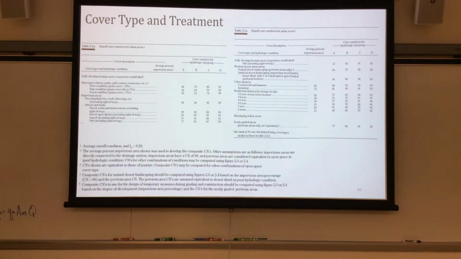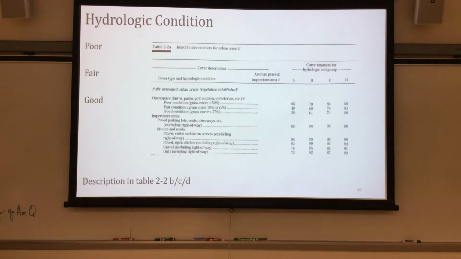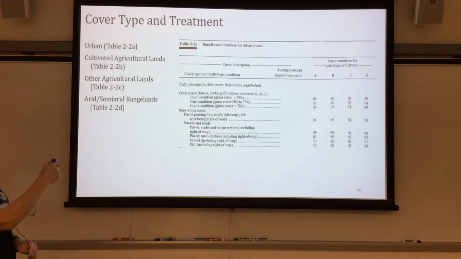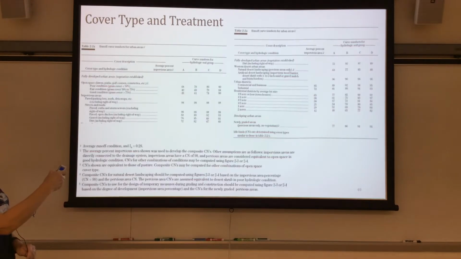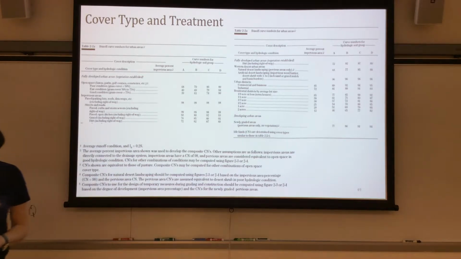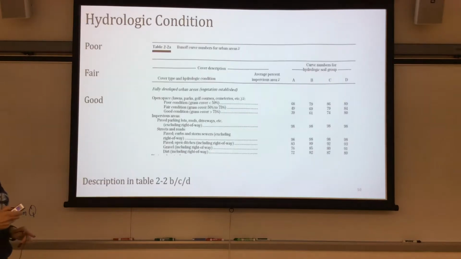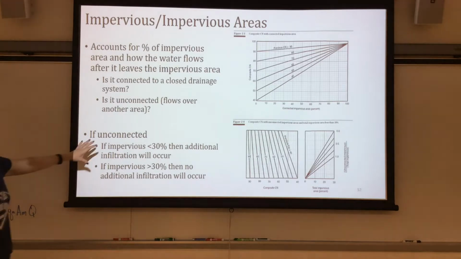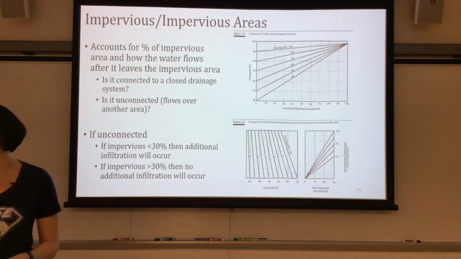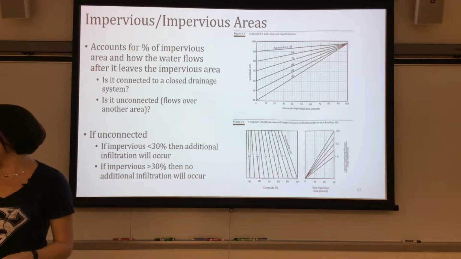So when we're looking at this, let me pause right there. We're talking about the percentage that is impervious, and we're talking about using these graphs to modify our curve number values for when there are connected impervious areas.